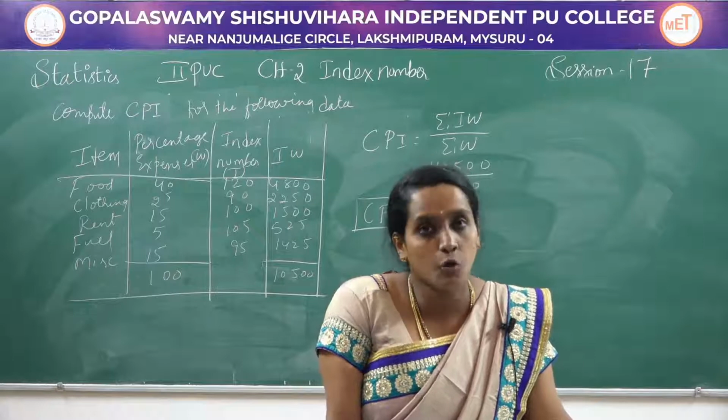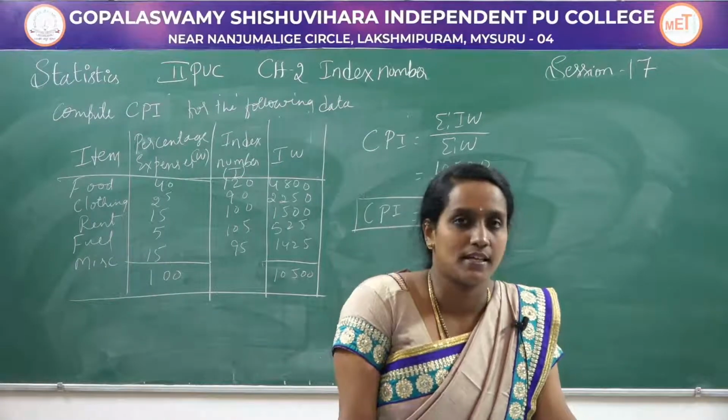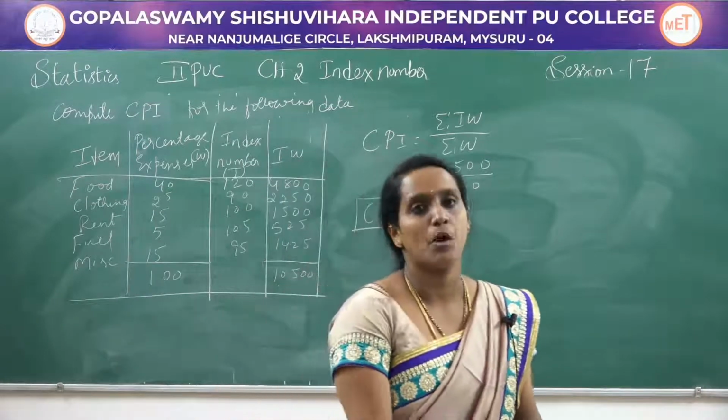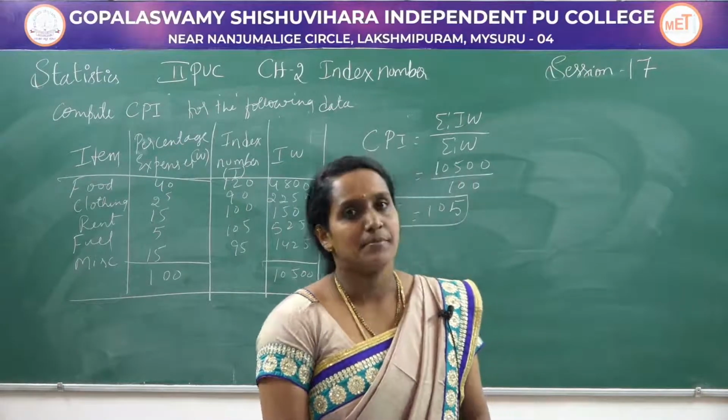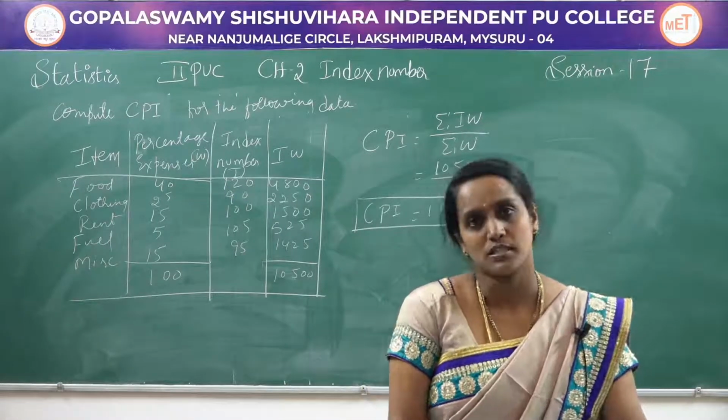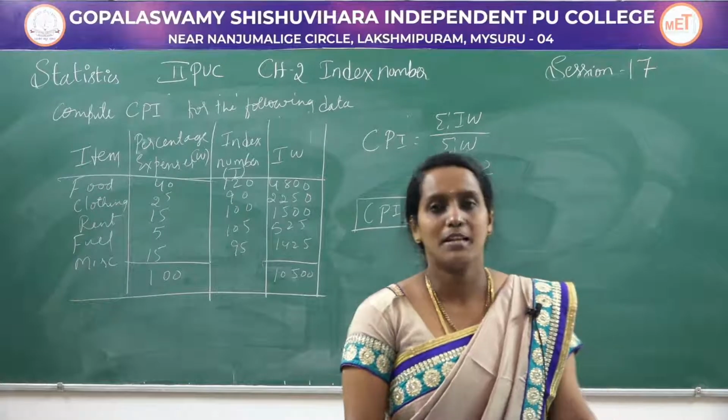And if they have given the group index and the weightage or the percentages, then we have to go for this formula. These three are very important concepts in this chapter, and on this concept definitely you will get one 5 marks question compulsorily. Okay, please follow this one.